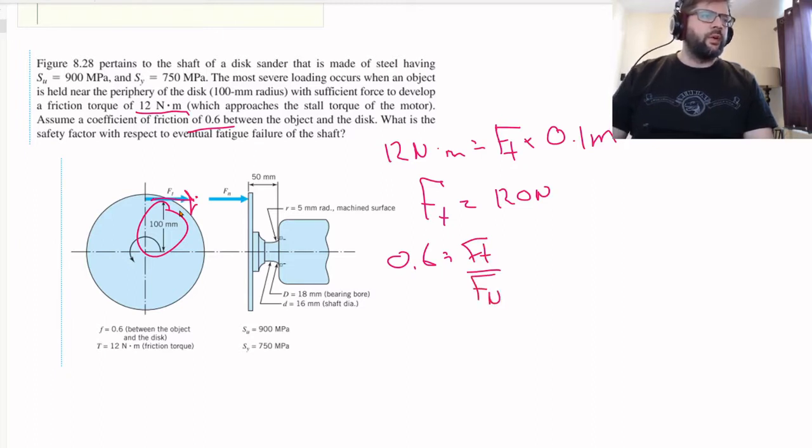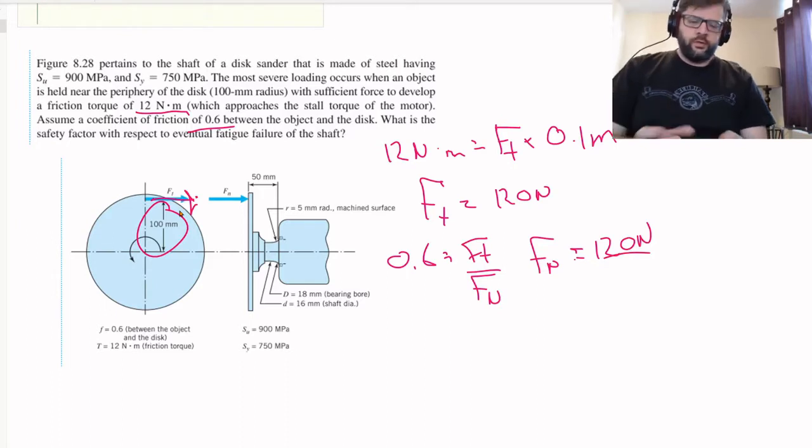So we can just solve for Fn, the normal force that's being applied. That's going to be equal to Ft divided by 0.6. So 120 newtons divided by 0.6, which, if I'm not mistaken, should be 200. Yep, 200 newtons.